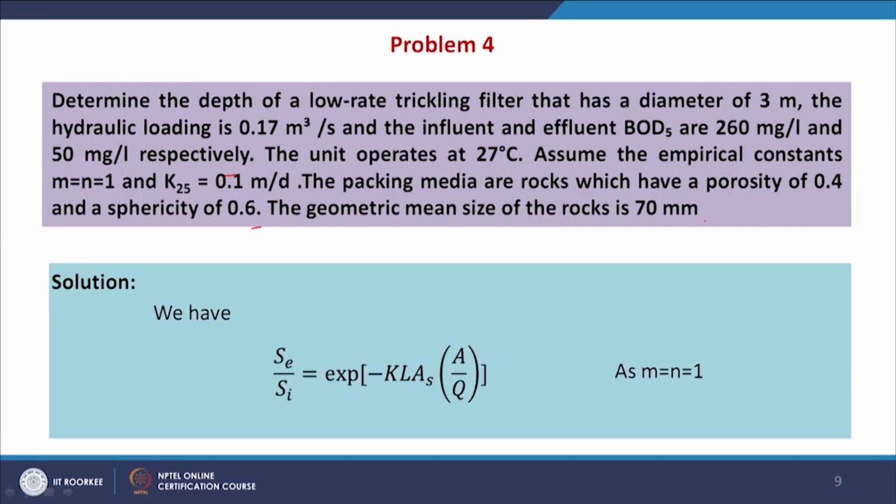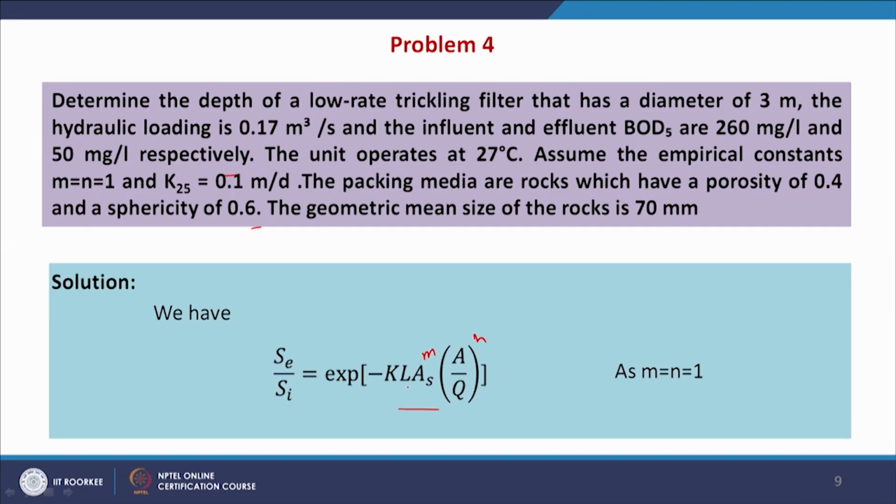So, similar type of problems we have discussed in our previous class also. This is a problem related to trickling filters, and you know that there are hardly any first principle based models for the prediction of the performance of trickling filters, and we have discussed one empirical model as mentioned here, that is Ce by Si equal to exponential of minus k L As to the power m into A by Q to the power n. Here m and n are equal to 1.